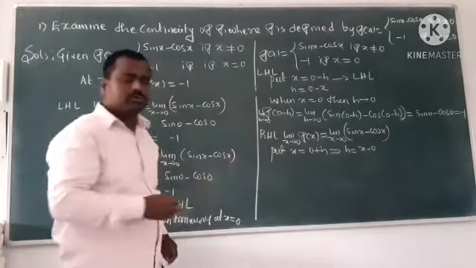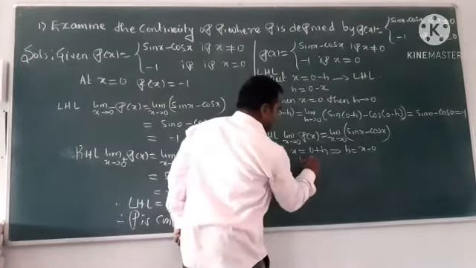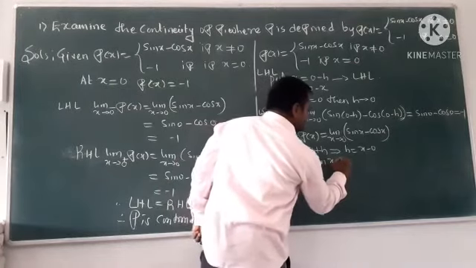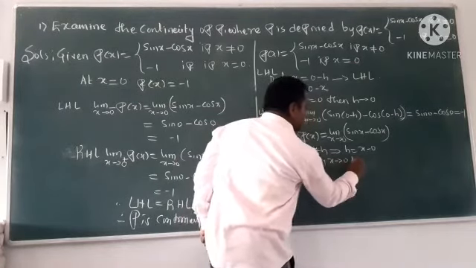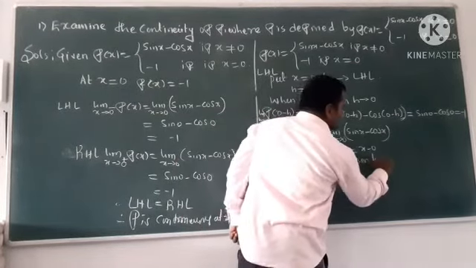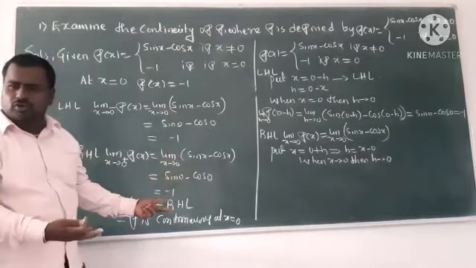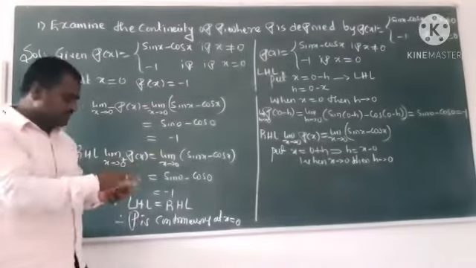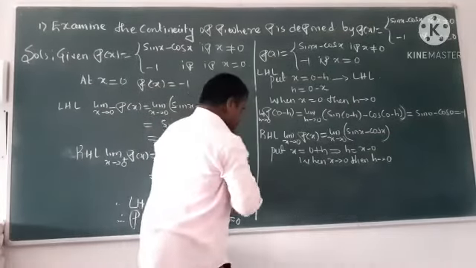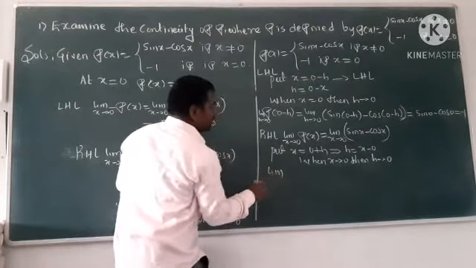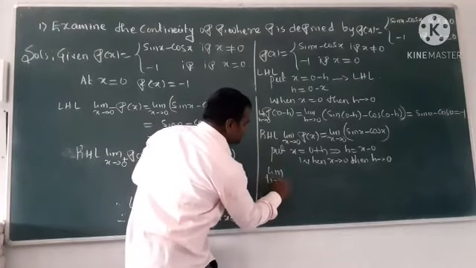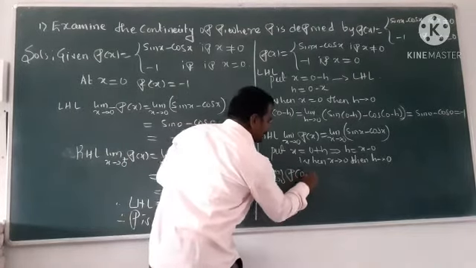When x tends to 0, then obviously h tends to 0. So here, what is the value? Limit h tends to 0 of f of 0 plus h.